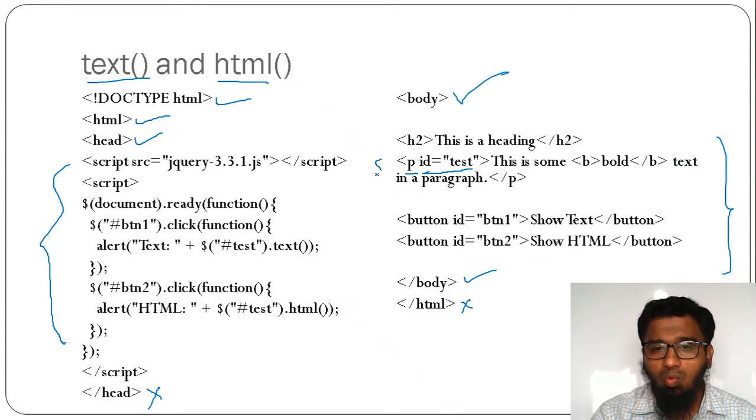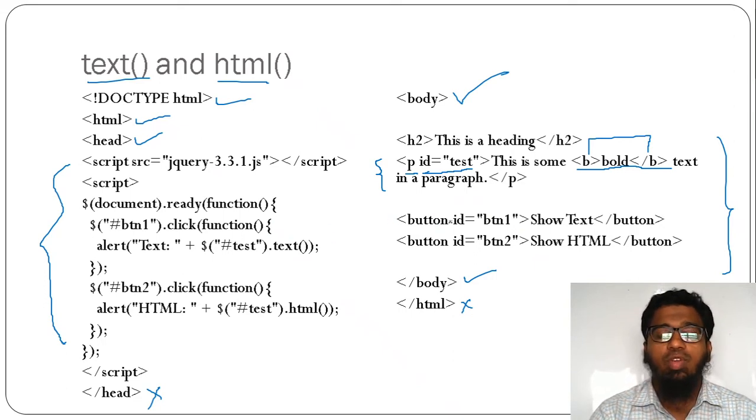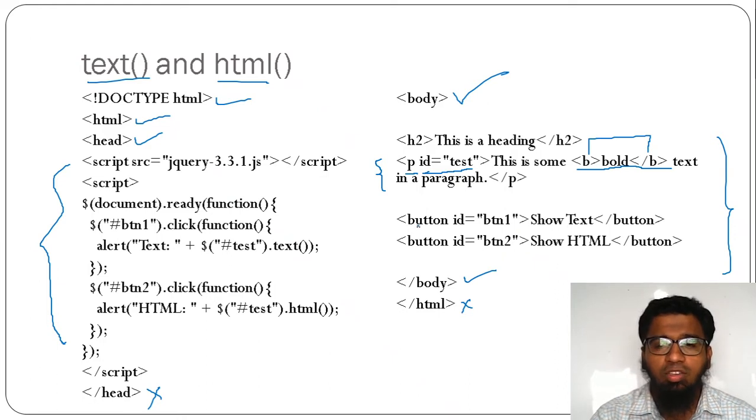Can you see, only one paragraph I am writing, and inside this tag I am also giving the opening tag and closing tag for bold, which means it will be dark. Here we are creating two buttons. What are the two buttons?